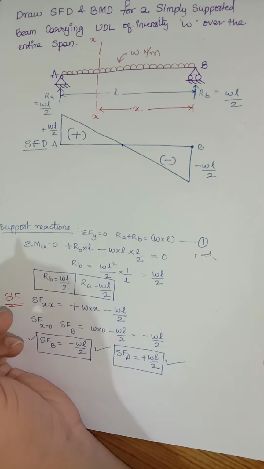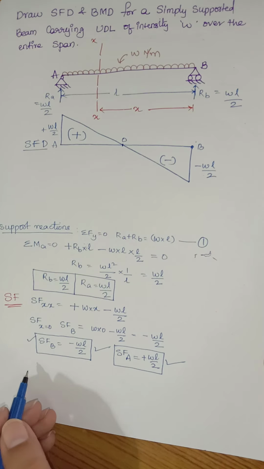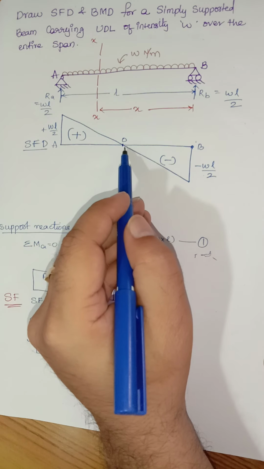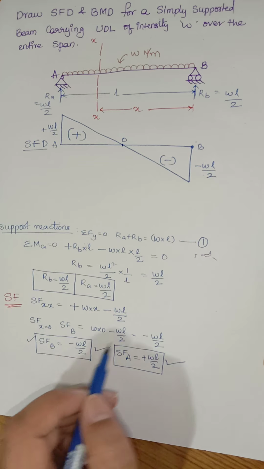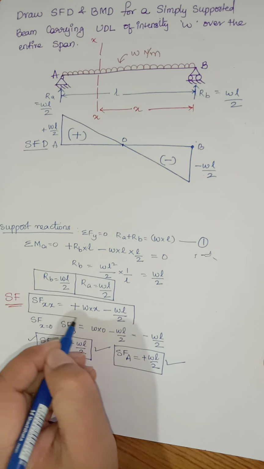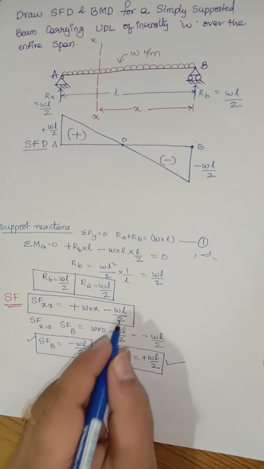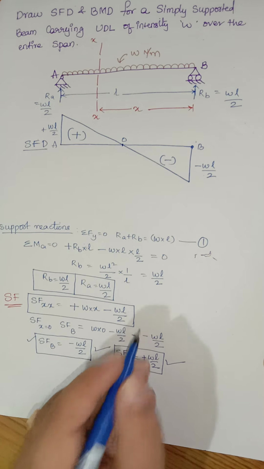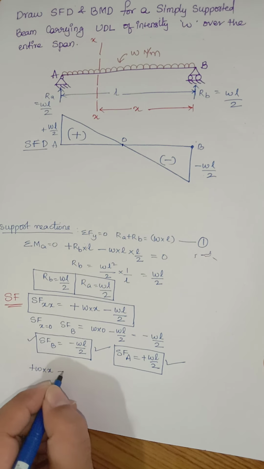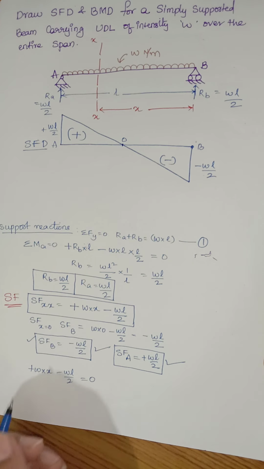Now exactly at a particular point, the shear force is equal to 0. If I want to determine at which point the shear force is 0, I have generated one equation here. Shear force at any section X will be equal to W into X minus WL by 2. I will equate this equation to 0. W into X minus WL by 2 is equal to 0.